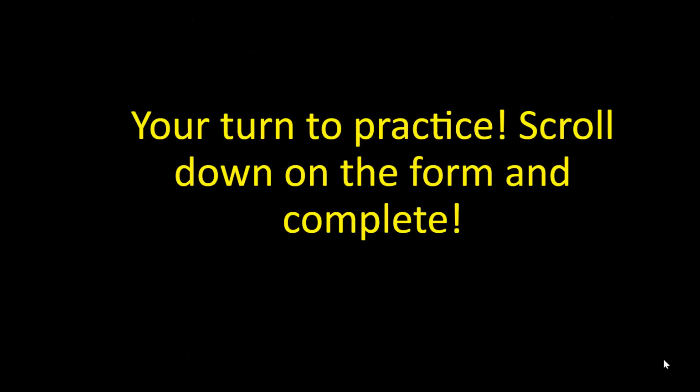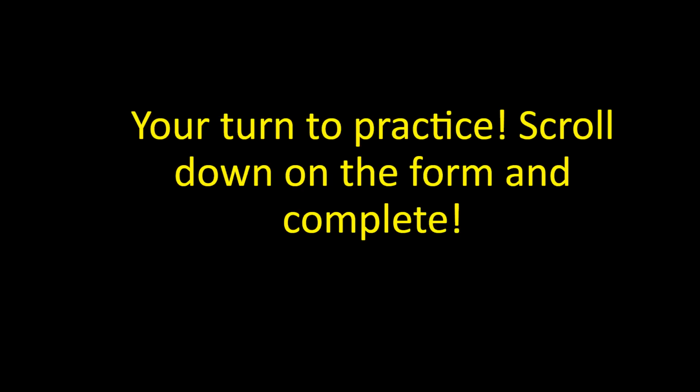Okay? So now it's going to be your turn to practice. You're going to scroll down on this form and you're going to complete the questions that I have asked. So I'll post some pictures that'll look just like this slide, and then this video will be available for you so you can come back and revisit it if you need to.